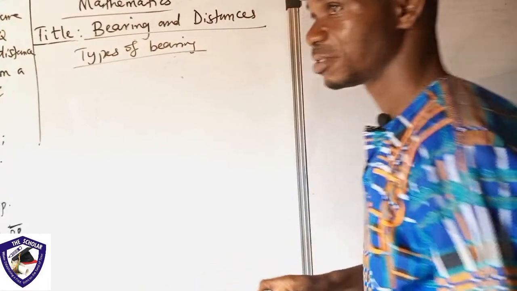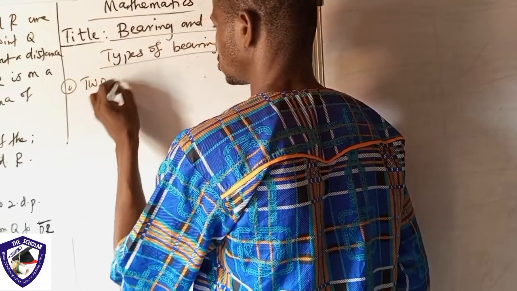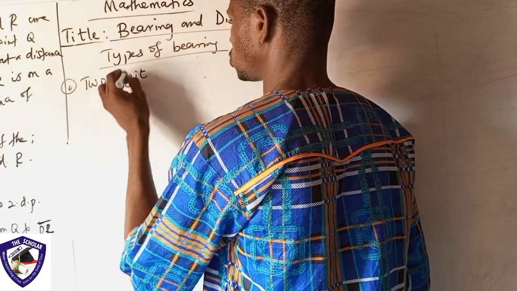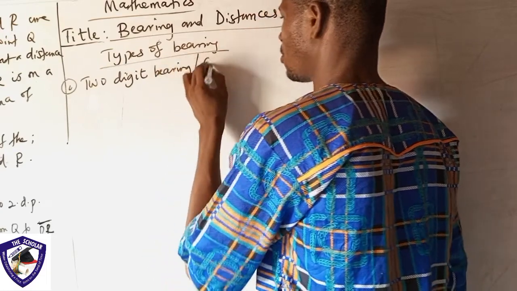We have two types of bearing. The first one is what we call the two-digit bearing, or compass bearing.